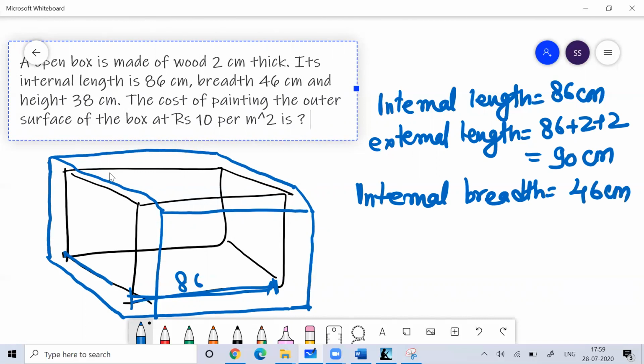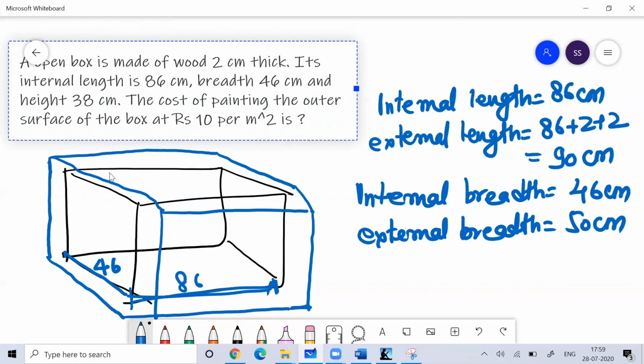Both the sides are 2 centimeter thick, so you can find the external breadth. That would be around 50 centimeter, 2 centimeter on both sides.